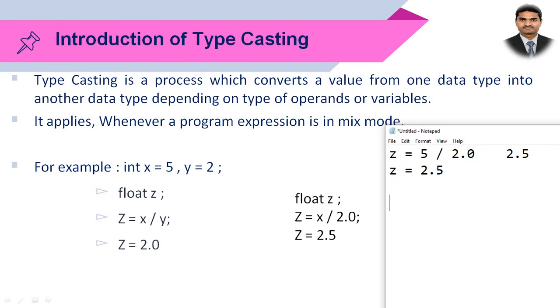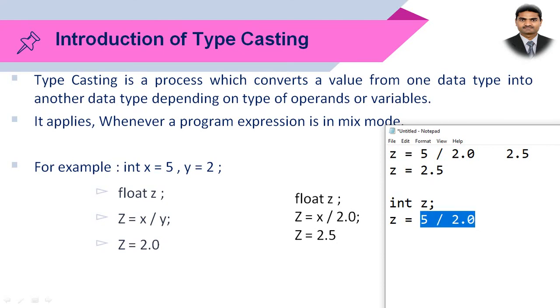One more case here we will discuss. Suppose we have declared Z as an integer, and if we perform the same operation, what happens? Now see here, Z is declared as an integer. And now see the expression is 5 upon 2.0. So one operand is a float, another is an integer.